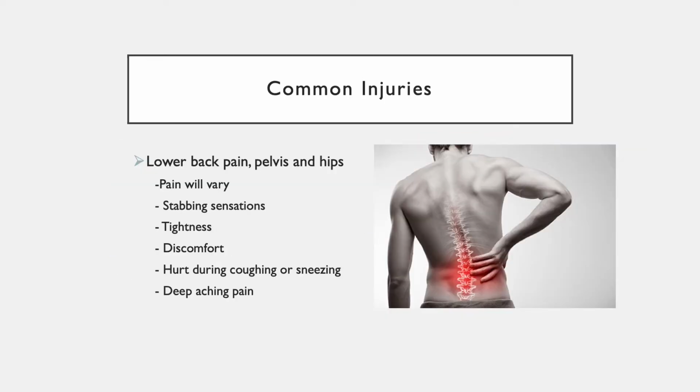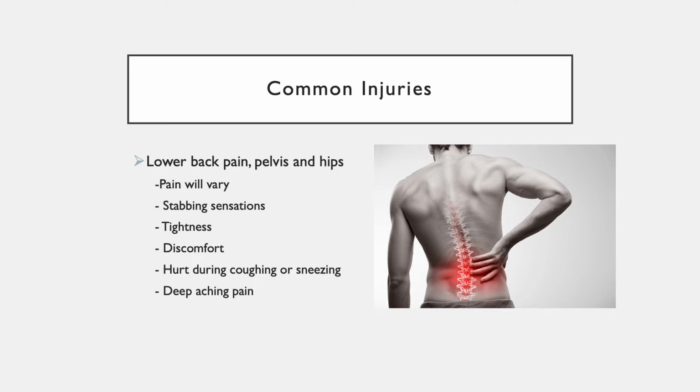So for common injury, it's lower back pain, pelvis, and hips. So pain will vary, and then most people will feel like a stabbing sensation, tightness, discomfort, and then it'll hurt during coughing or sneezing, and there'll be like a deep ache pain.